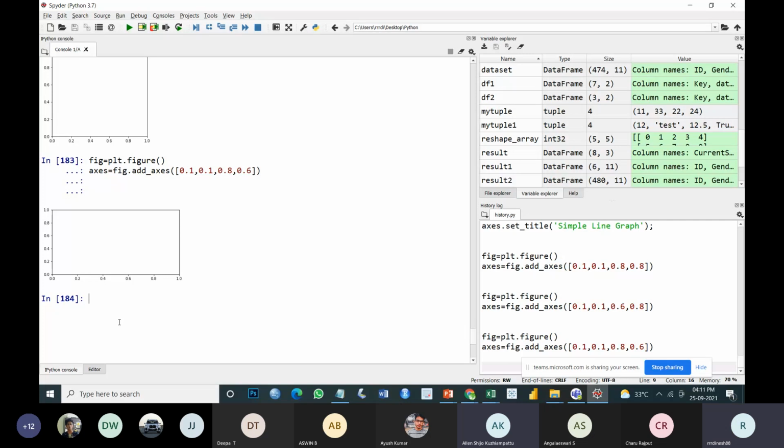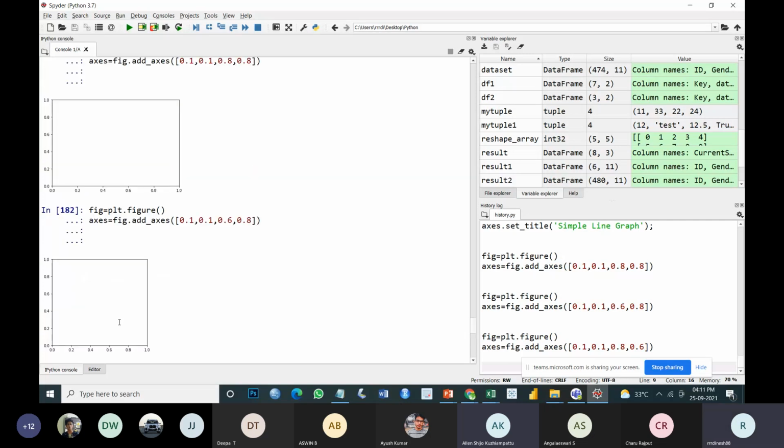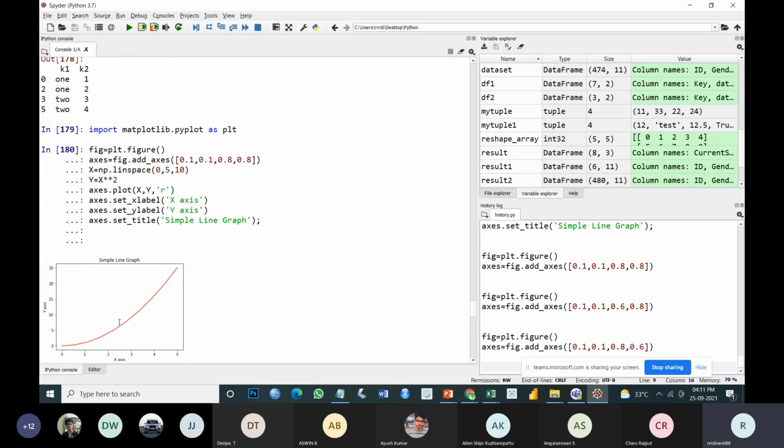Yes. If you want to write multiple lines of code, you can put a semicolon. If you put a semicolon, it terminates the statement. If you want to run multiple lines, you can use a semicolon.